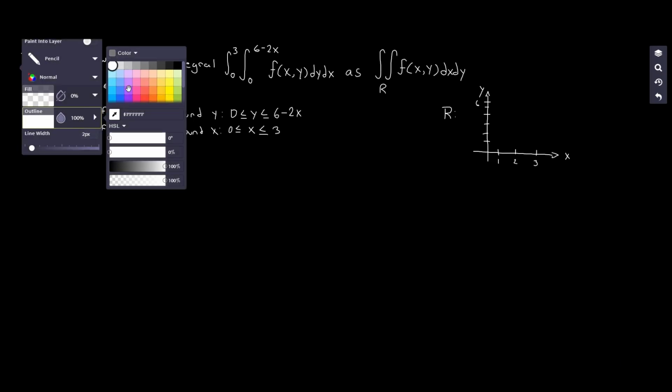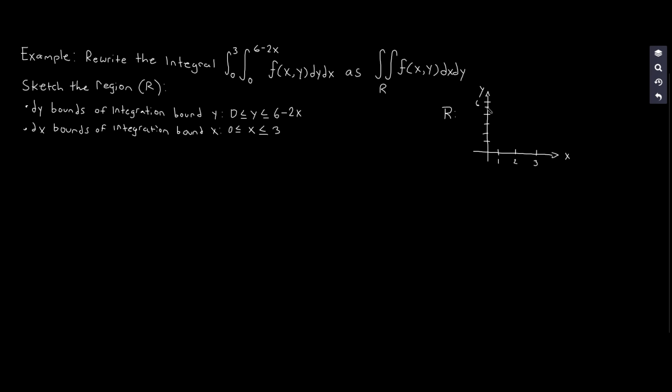Then the line is going to intersect the y-axis at 6, and it's going to cross the x-axis at 3. So this is the line that we're working with. Pretend that's linear, I know that doesn't look good. Whatever, something like that, right? And this is y equals 6 minus 2x.